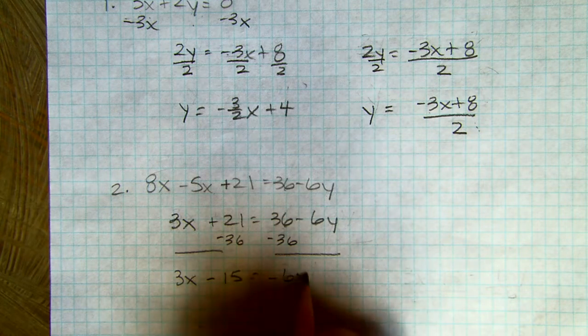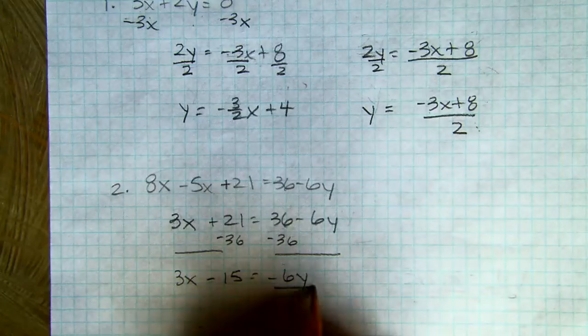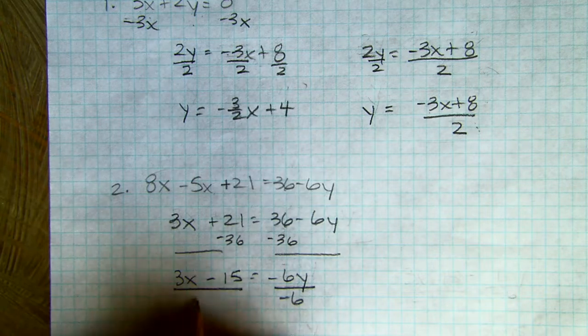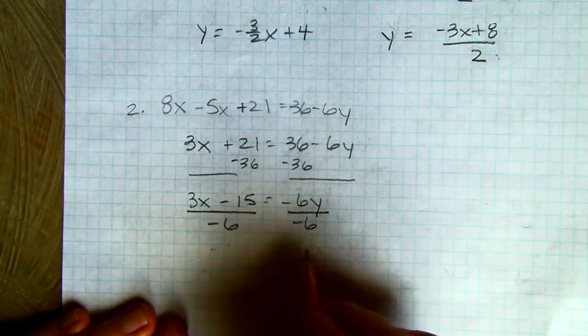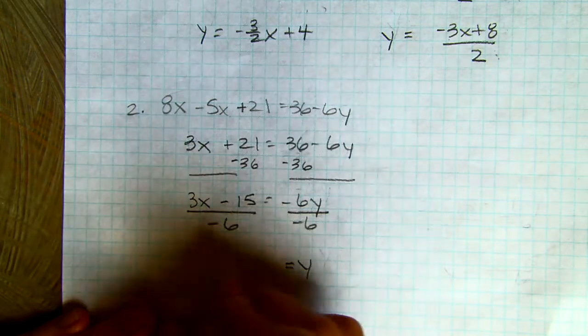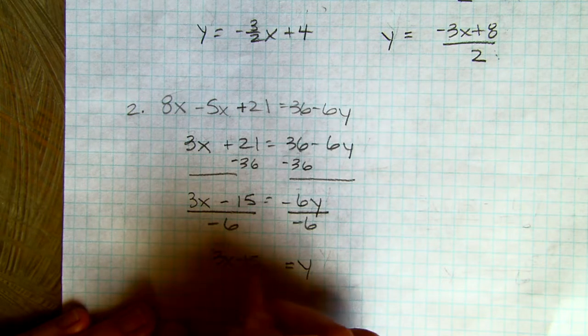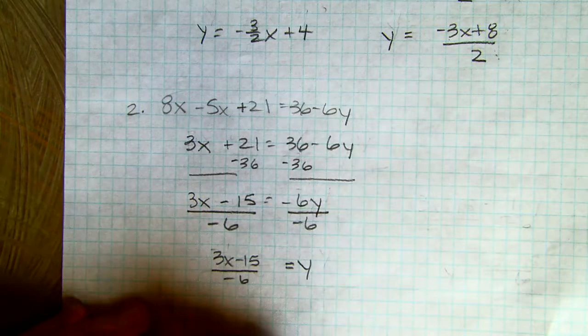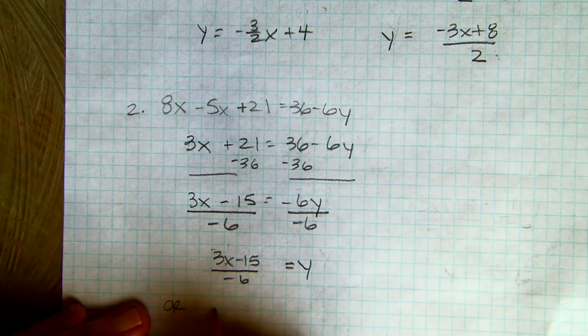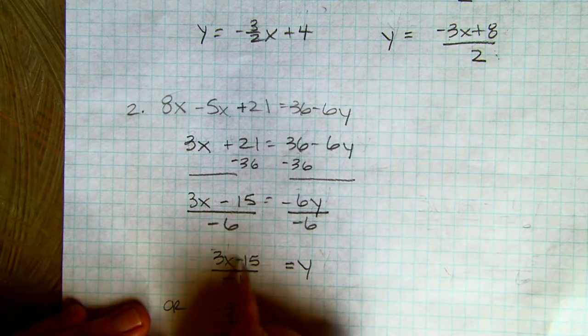This is 0, negative 6y. And again, I need to divide by negative 6, and I'm going to divide this whole side by negative 6. So your answer may look like this: y equals 3x minus 15 over negative 6, or you might have negative 3 over 6x.